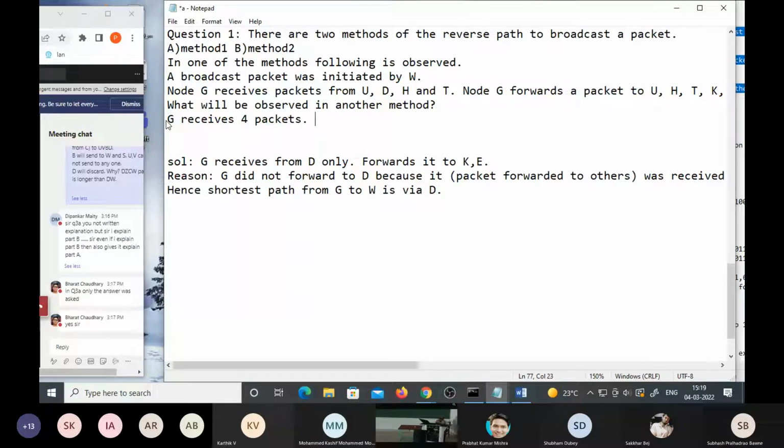Which of these 4 packets are kept? Out of it, which one is kept? Which is further forwarded? Correct?